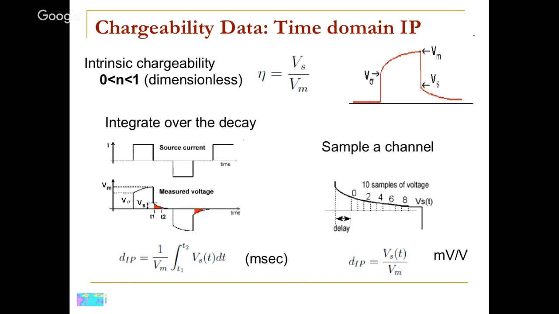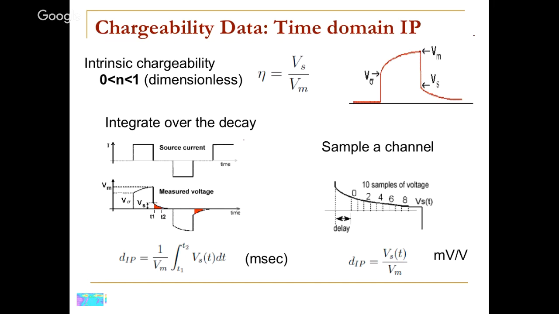So eta, the chargeability, is in this range here. Sometimes that's called intrinsic chargeability, and because this is just a ratio, it has no units. This is dimensionless. So the intrinsic chargeability has no units and it's bounded between 0 and 1.